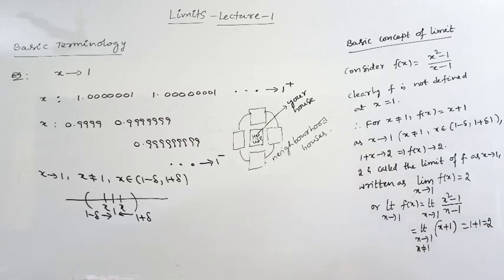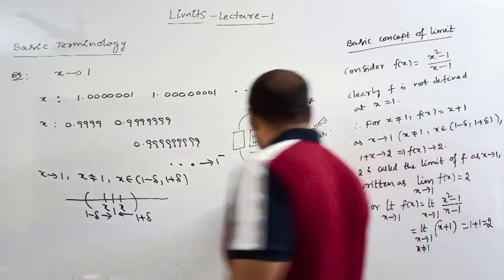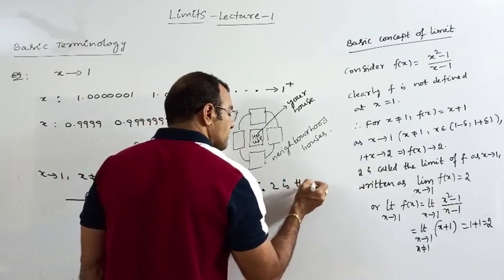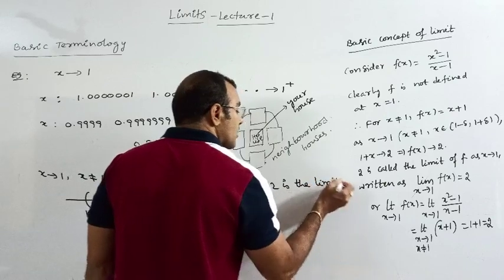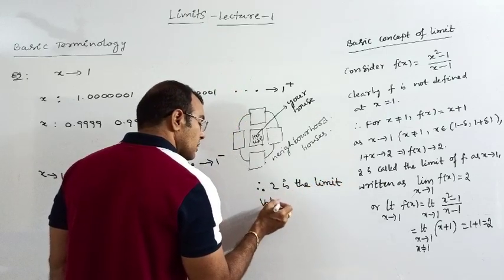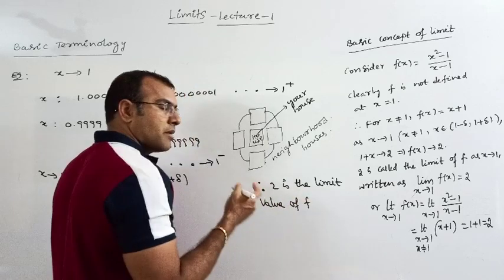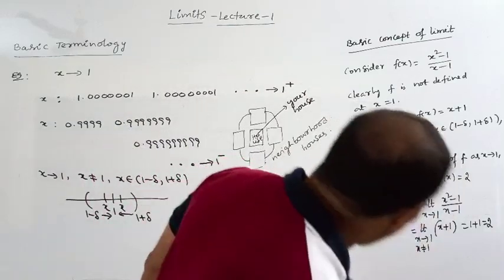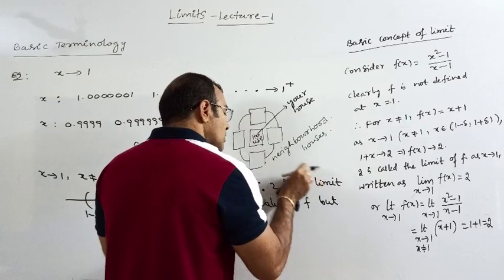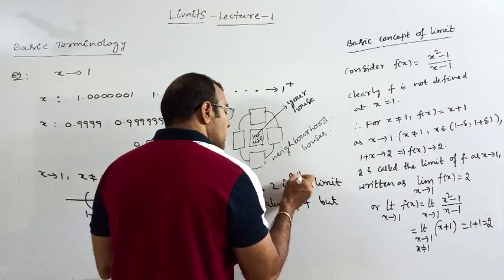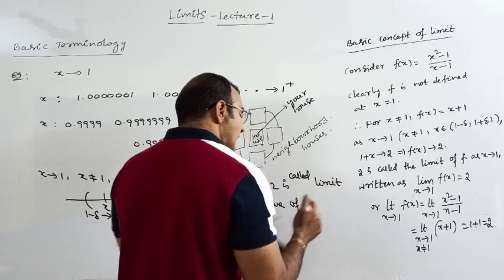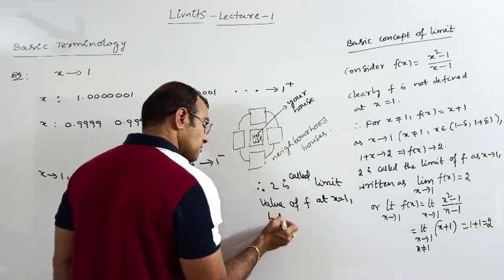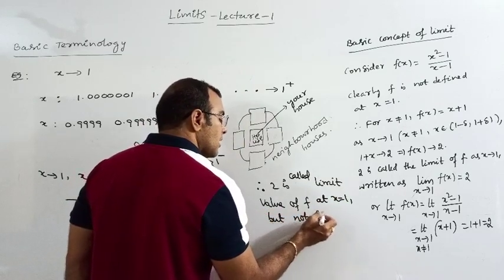It is not the functional value. Therefore, 2 is called the limit value of f at x equal to 1, but not the functional value.